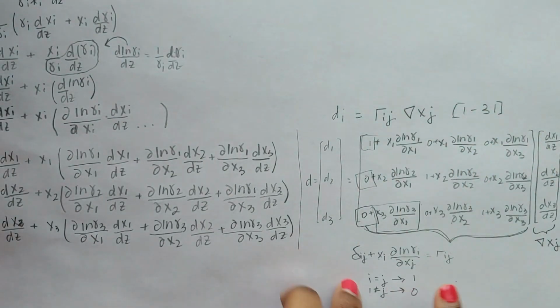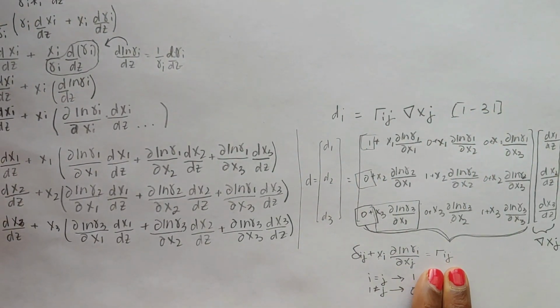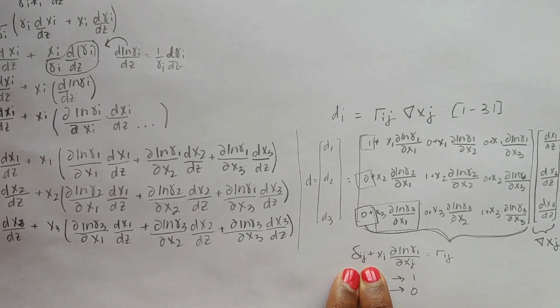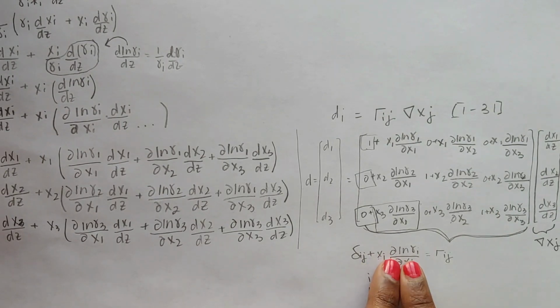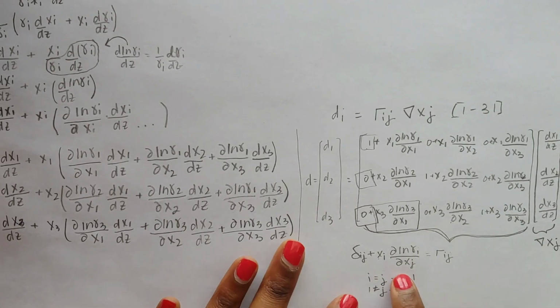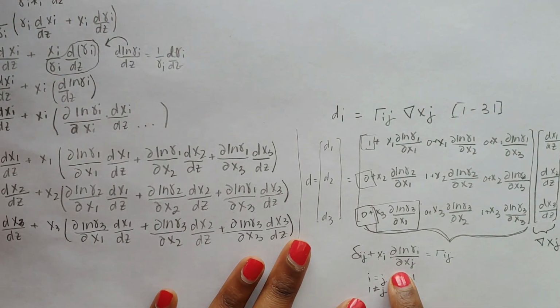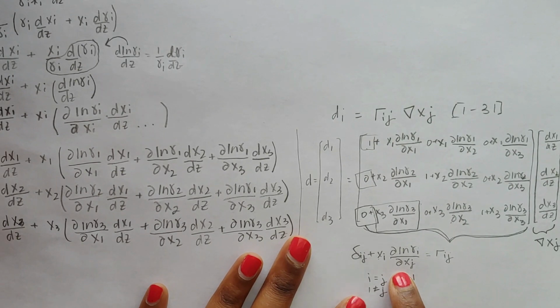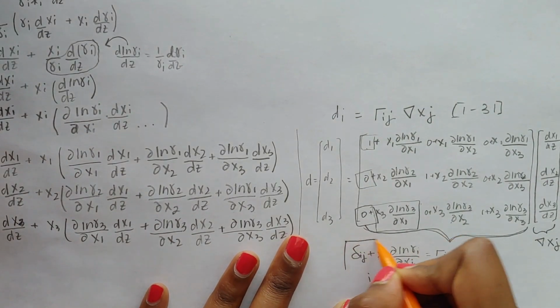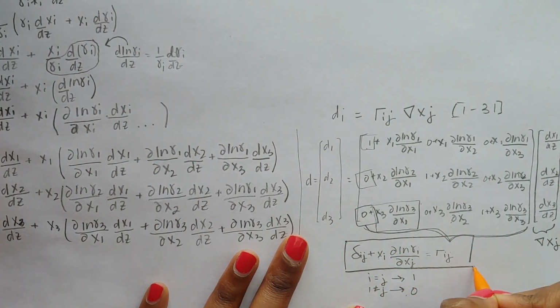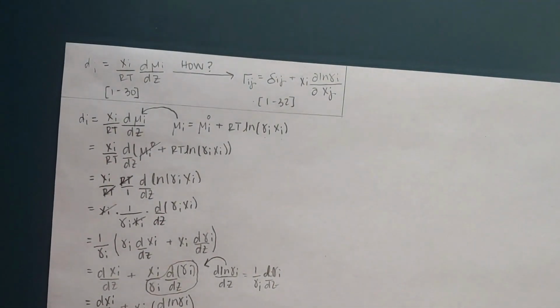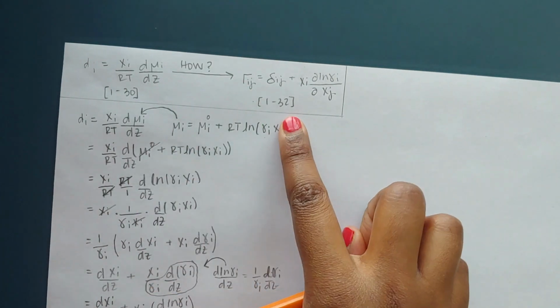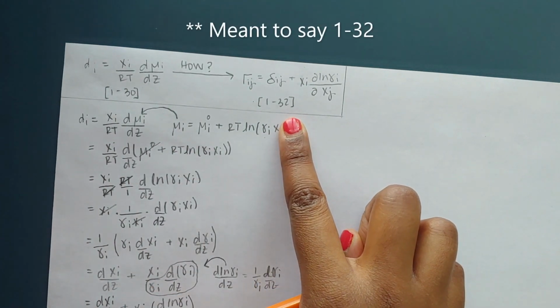And from that, we are seeing that our thermodynamic factor is equal to the Kronecker delta plus our mole fraction times the change in the natural log of our activity coefficient over the partial derivative of our xj. So this is how we get from equation 130 to 131, which is the thermodynamic factor matrix.